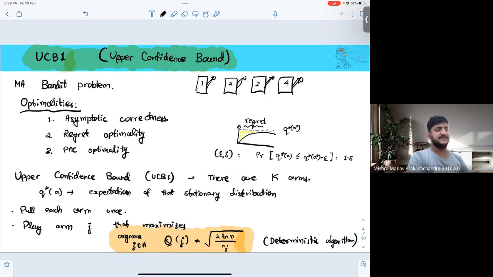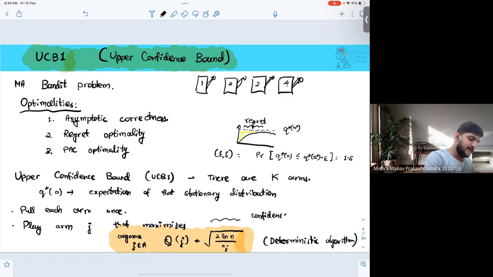So what you do is you're trying to maximize the arm that has the highest Q value, but in doing so, you're also looking at this small term over here. This is known as the confidence bound. So how confident you are in selecting arm J is given by this quantity. There is also an additional term C here.